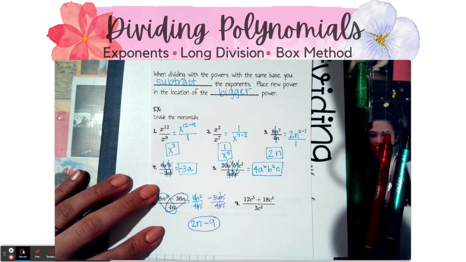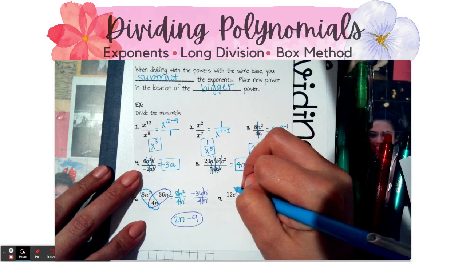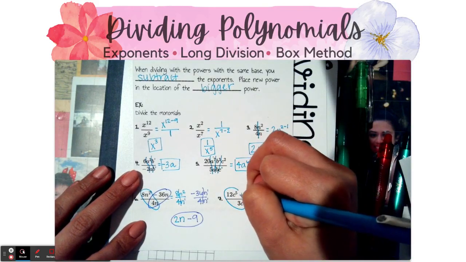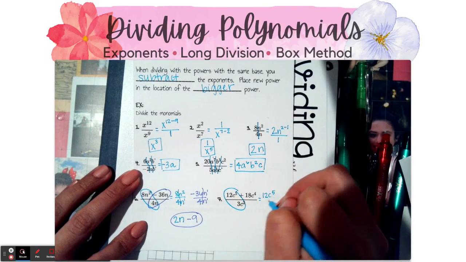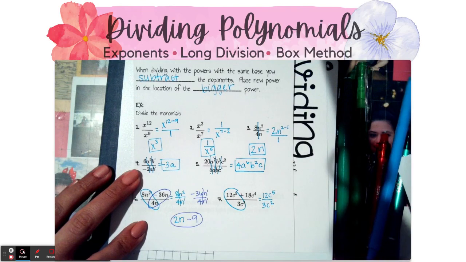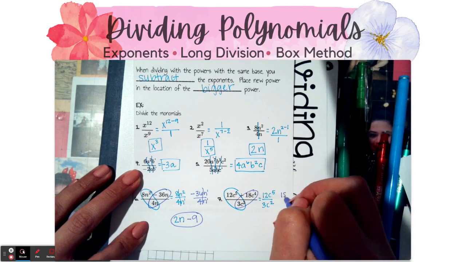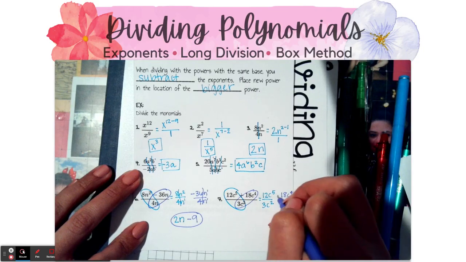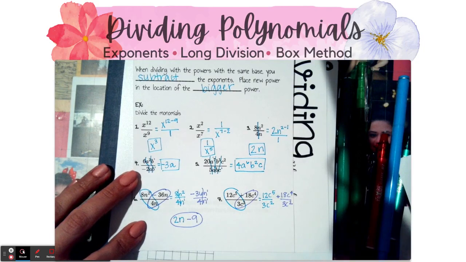All right, let's try one more, and then you'll have a couple to try on your own. Split up the binomial. So 12c to the 5th power over 3c to the 2nd power. And then we also have this other side, 18c to the 4th power, and it's a positive, over 3c to the 2nd power.